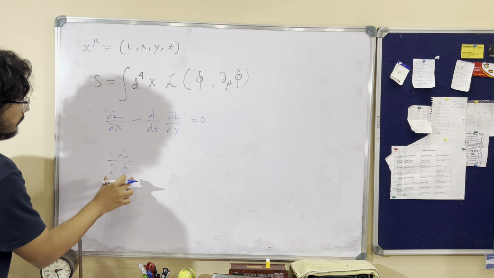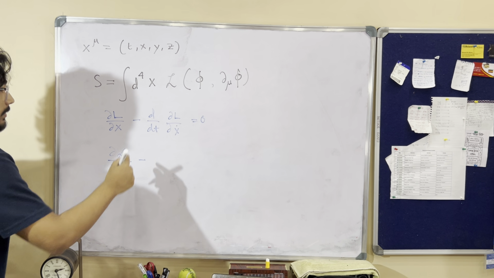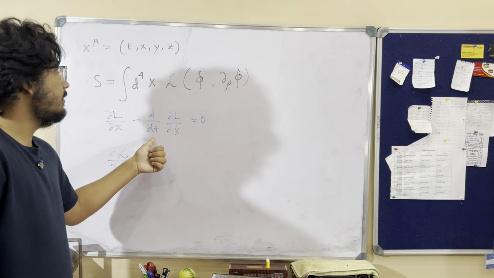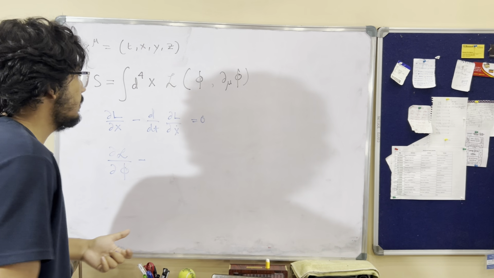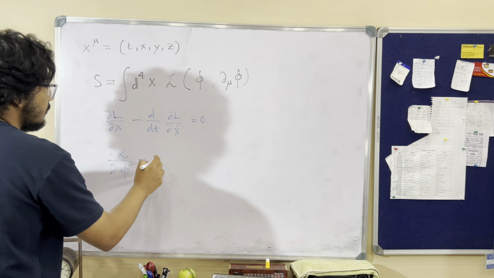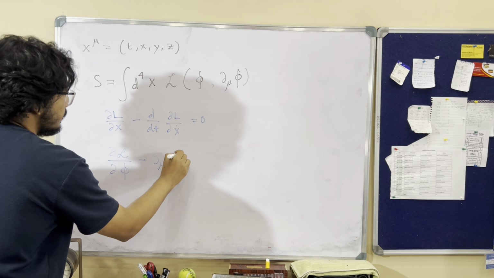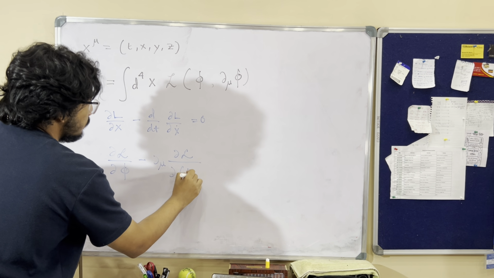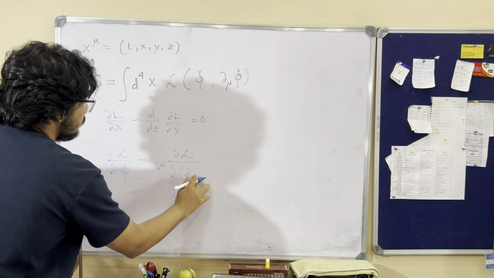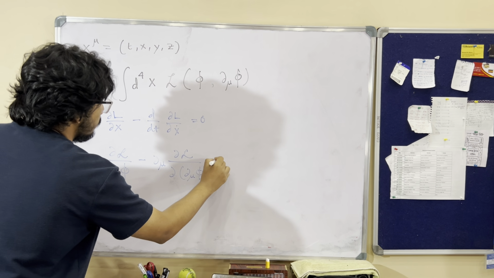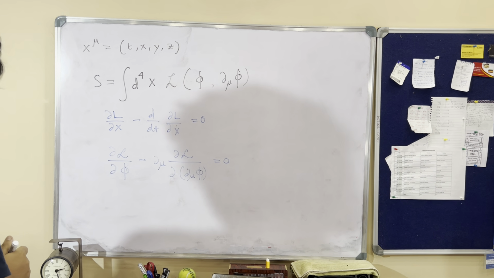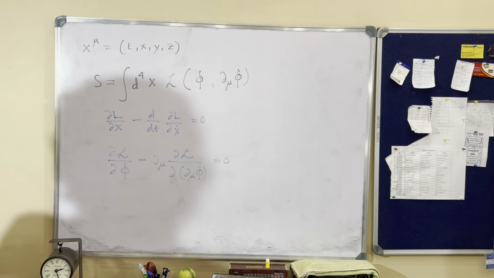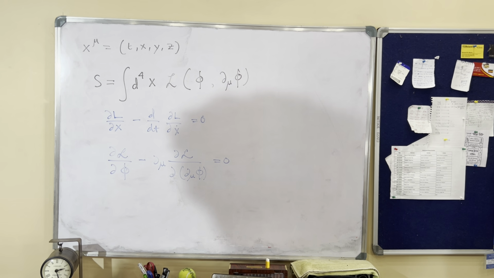There will be some term like this, and this term here contains only the time derivative, but now we have all kinds of derivatives in here and also in here. So this will look like this. So this will be my Euler-Lagrangian equation in terms of 4 vectors using the Lagrangian density.